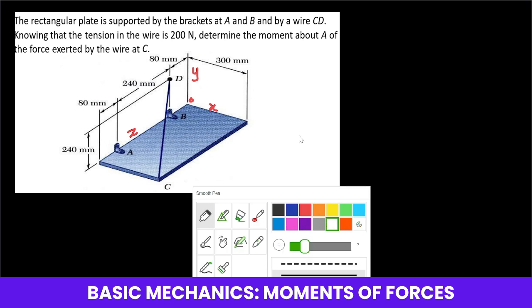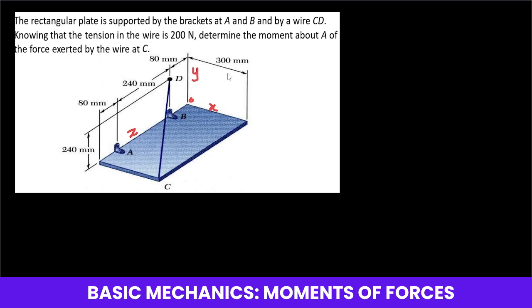So how do you go about it? First of all, let's see. We have to know that our moment is equal to the position vector multiplied by the force vector. Here we know that the force should be equal to our force multiplied by our lambda.